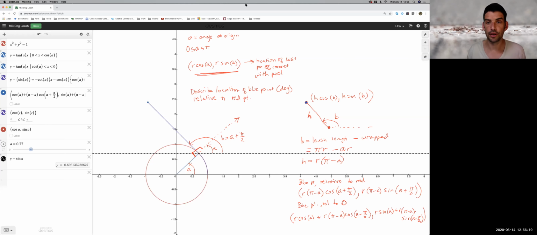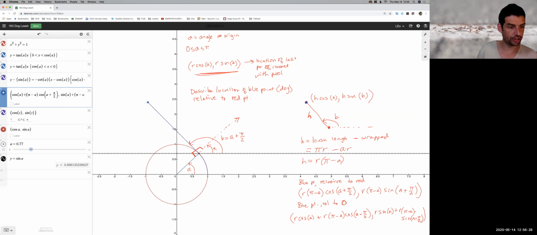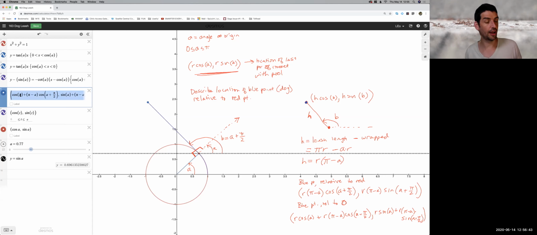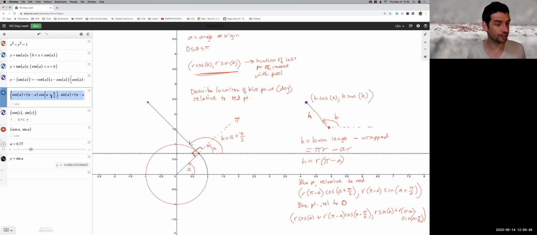All right, so let's quickly look at that. That's exactly this parameterization. If you look over on the left-hand side of the screen now, I'll highlight it. We can see the x coordinate here is, so I've used a radius of 1, so r has been replaced by 1, but it's r cosine A plus (pi minus A) cosine of A plus pi over 2, exactly what we wrote over there.